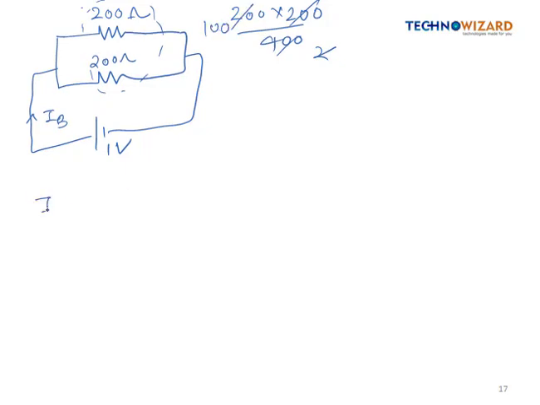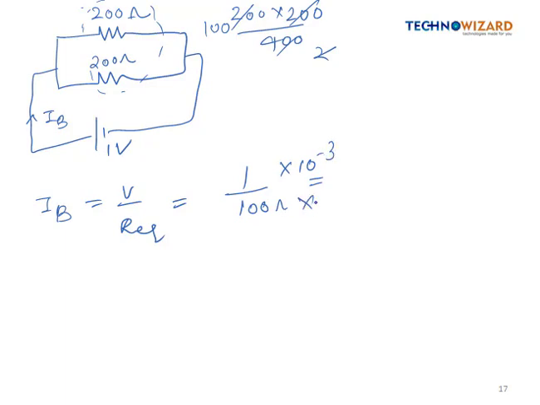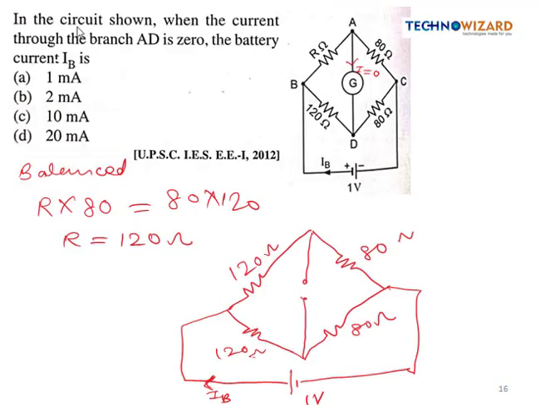So we can calculate the value of IB as V by R equivalent. The voltage is 1 volt and R equivalent is 100 ohm. We have to find the answer in milli, so we multiply by 10 to the power minus 3, so it will be simply 10 milliampere, right? So option C is correct.